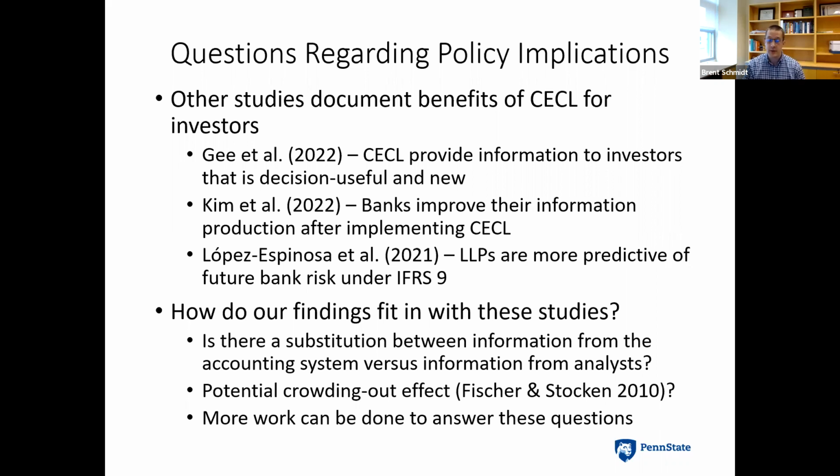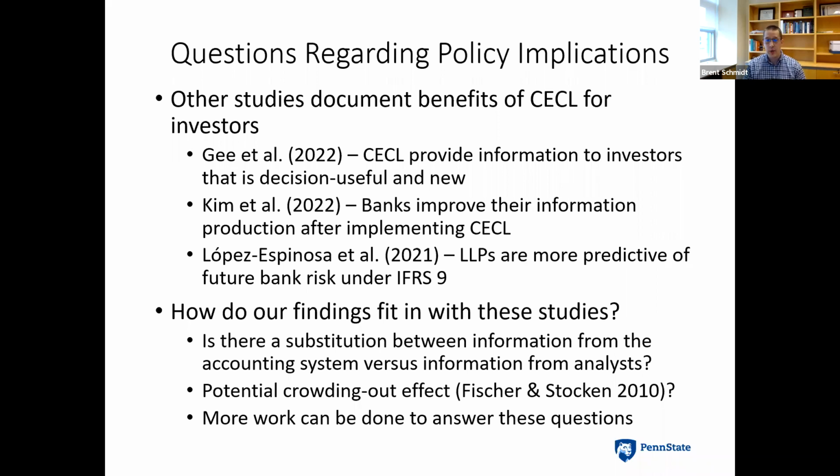So information that we used to get from financial analysts, like information about future expected credit losses, consistent with the Beatty and Liao paper, we now can get from the accounting system. And because of this, there is the possibility of a crowding out effect of private information from analysts, right?